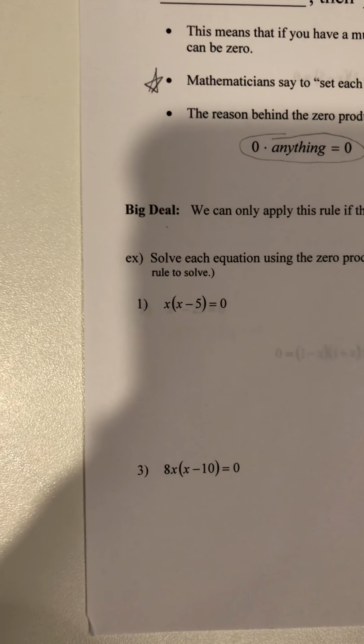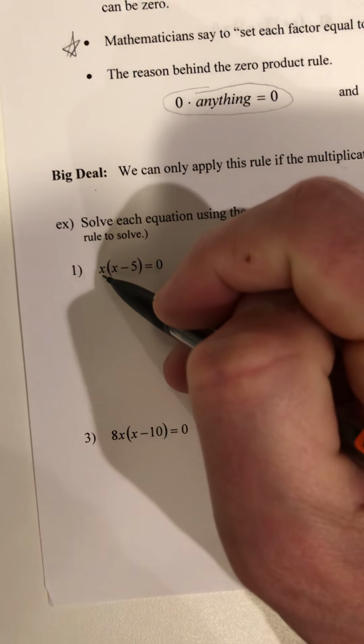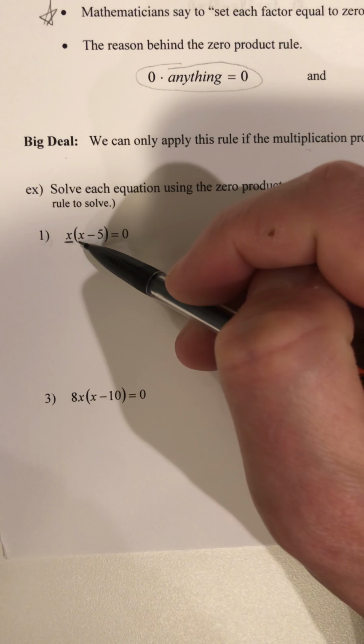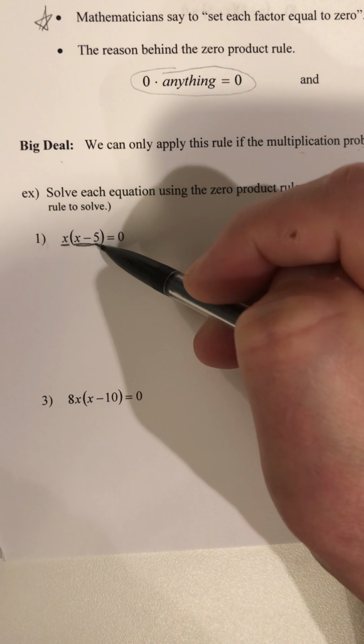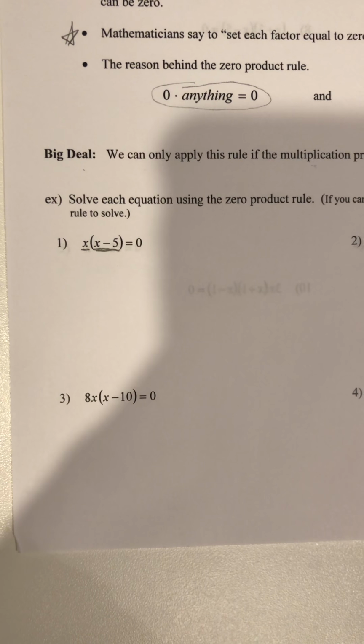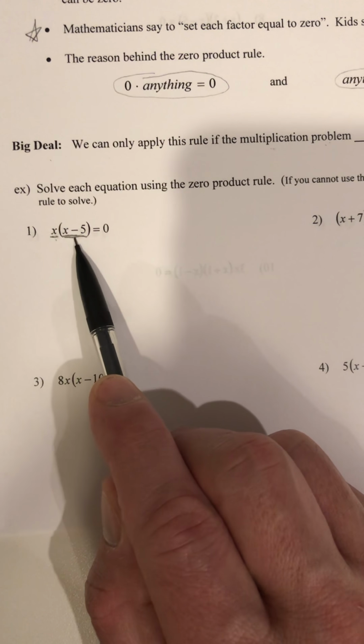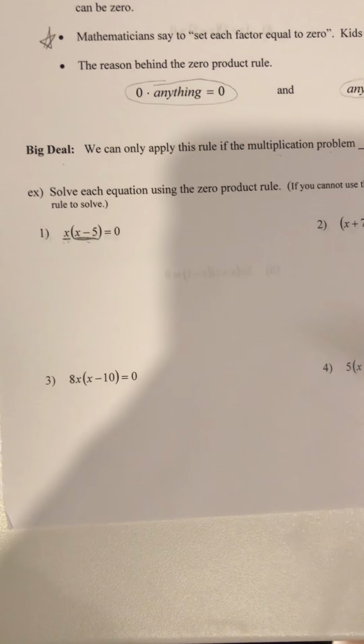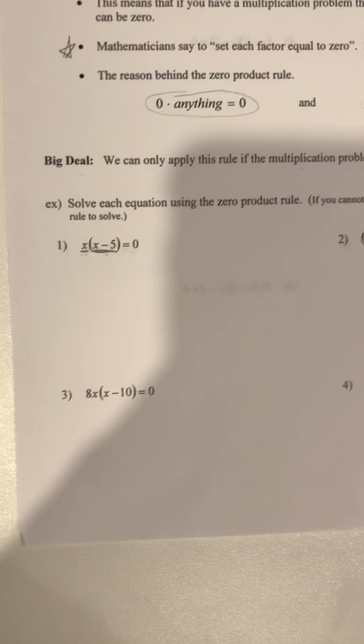Whenever you read it, it's a times problem. I would consider x to be the first factor or the front. I would consider x minus 5 to be the second factor or the back. And I always do it as a little melody, and I go front equals 0, back equals 0, front equals 0, back equals 0. And I set up 2 equations and solve.